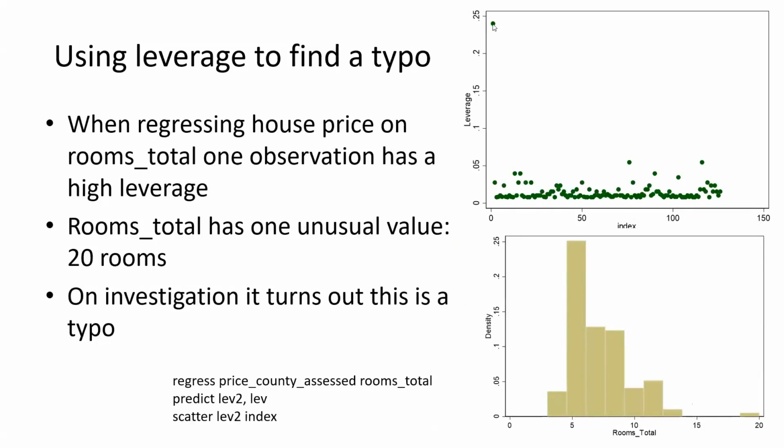And then it turned out the reason why it had a high leverage is because this house indeed had 20 rooms. Now, this house was not Windsor Castle, and so it turned out to be a typo. I looked at the original source of the data, changed the number of rooms, and we had something regular, just a regular 2 rooms or something like that. Yeah, 2 rooms.